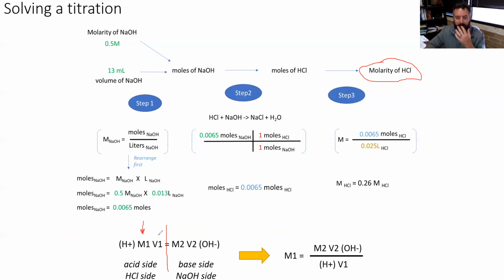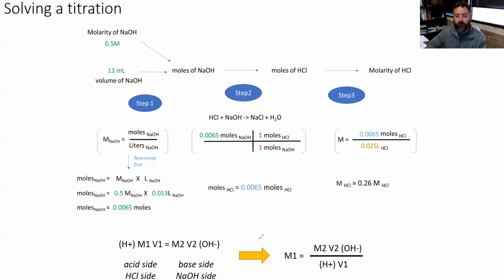So if we wanted to solve for M1, what we'd have to do is divide both sides by the H plus concentration and the volume 1. That would cancel here and here, leave us with only M1 on this side. But we have to do this to this side as well. So we have our H plus over here and our volume 1 as well.